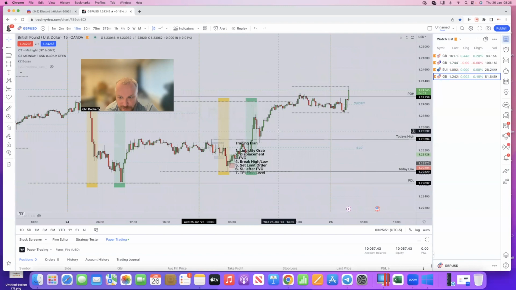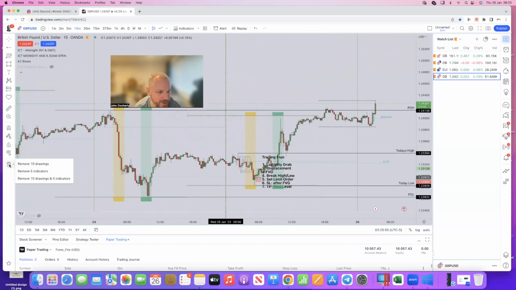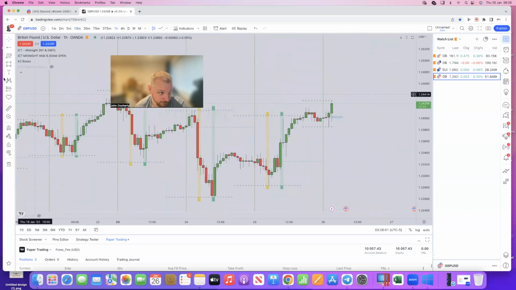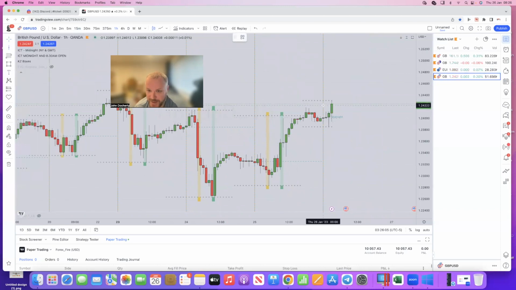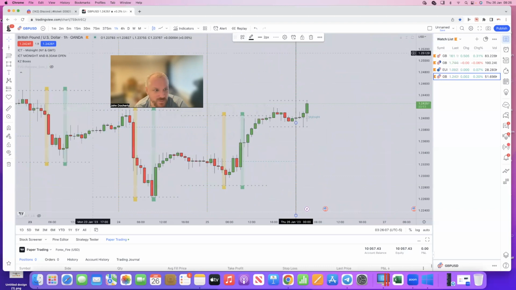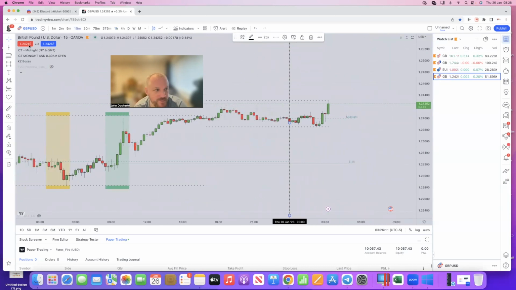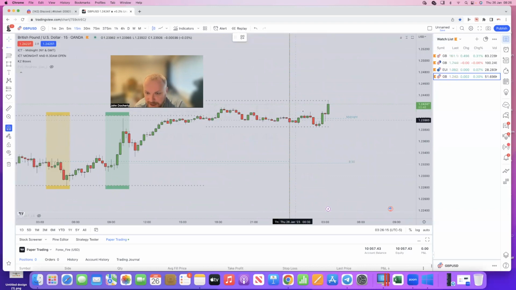Again, we've taken out the previous day high now. So I'm just going to minimize all of this. We're going to go back up to the hour, and we're going to repeat the process. So go on to midnight. Drill it to a 15-minute. Go on to the horizontal ray with the magnet. We've now got it today's high.